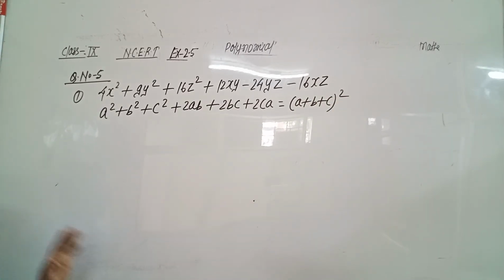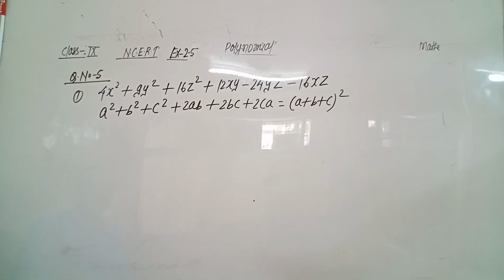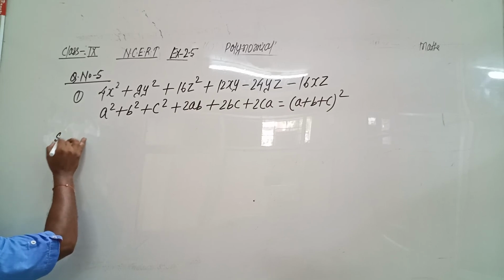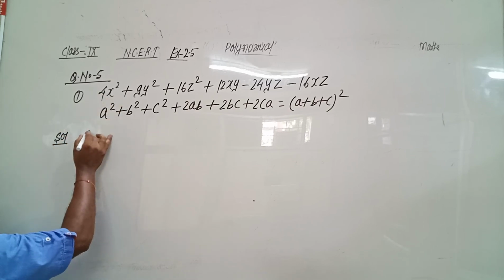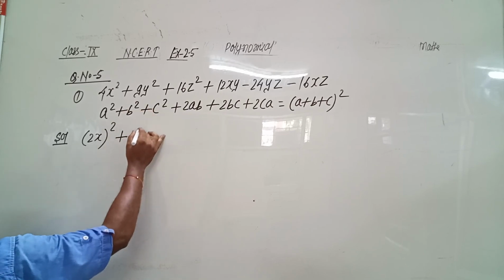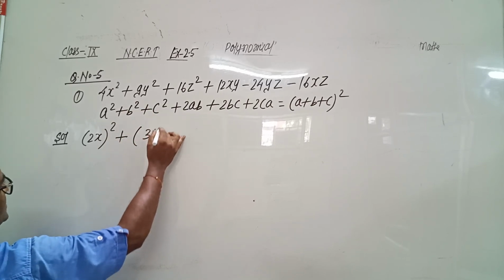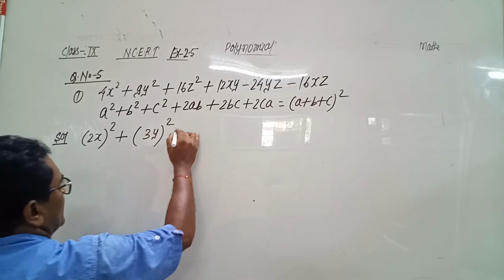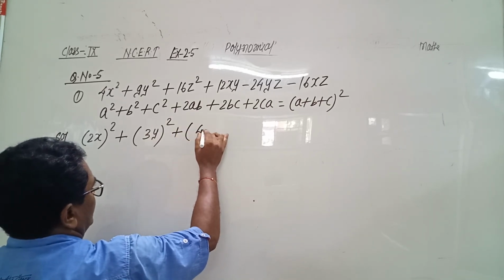Only one formula will be used in such type of questions. We will write first in square form. 4x square is written as (2x) the whole square, 9y square is written as (3y) the whole square, and 16z square is written as (4z) the whole square.